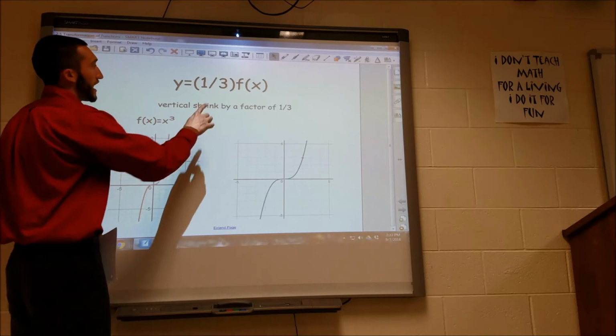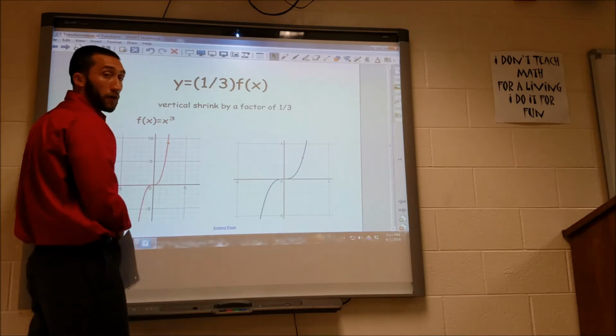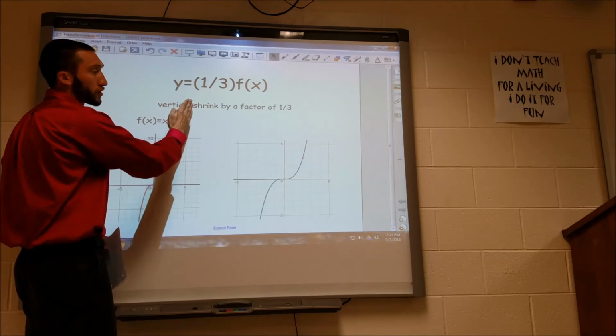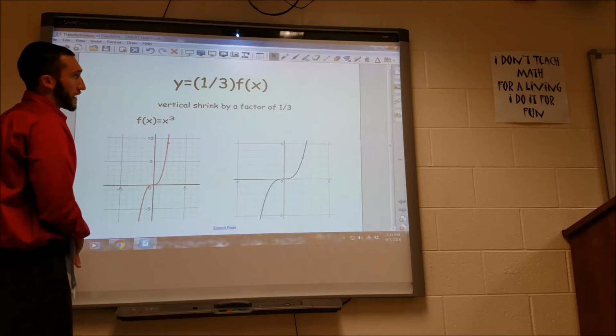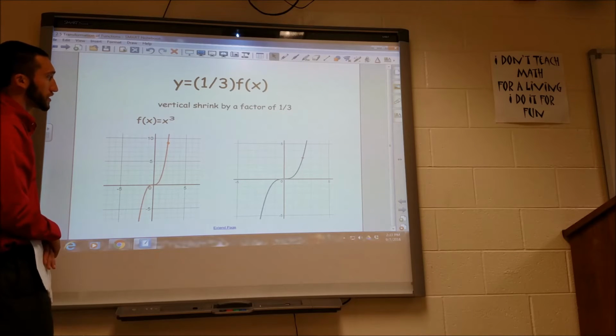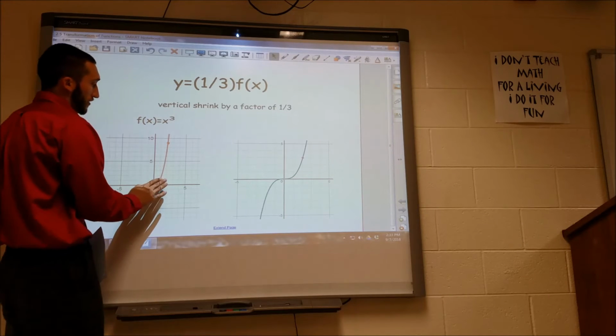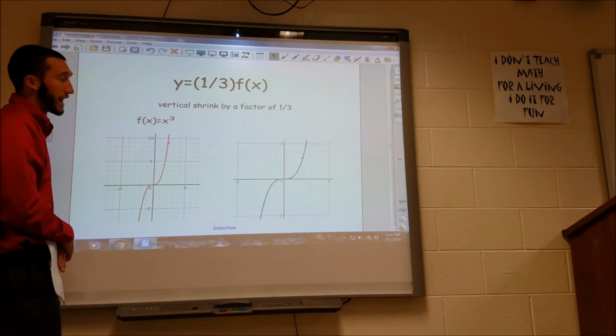The opposite of that, if we have a fraction times our function, we call that a vertical shrink. And it's a vertical shrink by a factor of 1/3 in this case. Again, we have our original function, x cubed. We can see that when x equals 2, y equals 9 here.